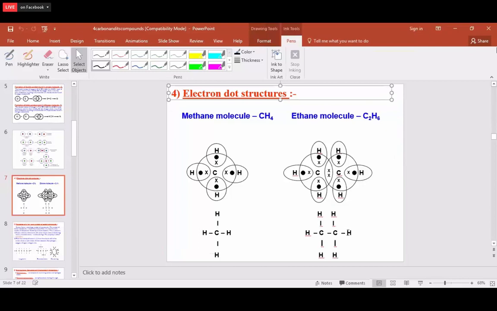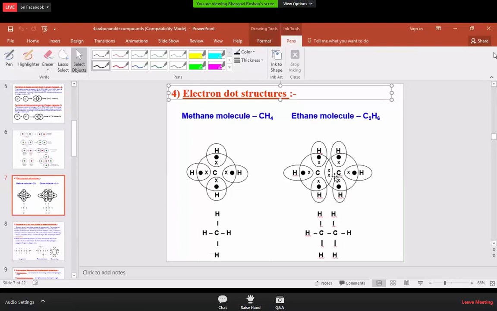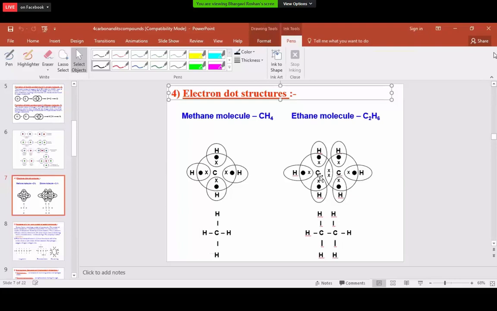So C single bond C. Each carbon atom can make 4 bonds with other atoms. So first we write C single bond C. Then we have the hydrogen atoms sharing electrons with the carbon atoms. So the carbon has one electron shared with the other carbon atom, another electron with a hydrogen, and another electron with one more hydrogen.